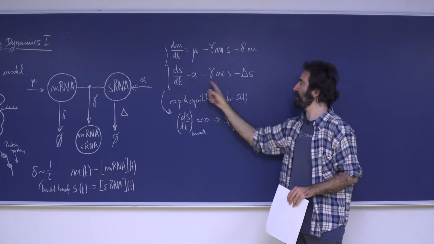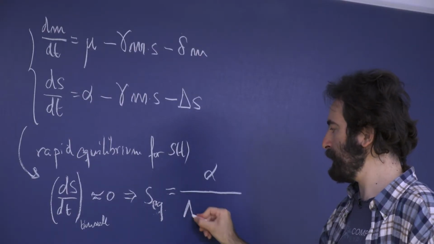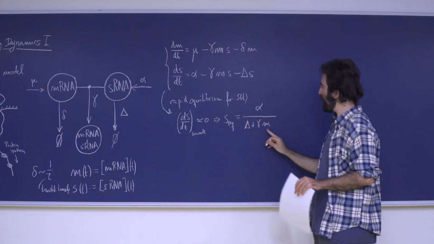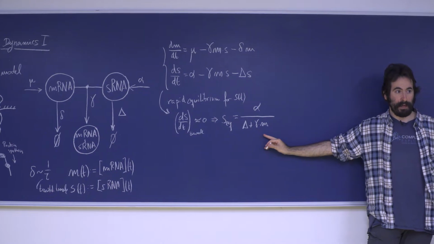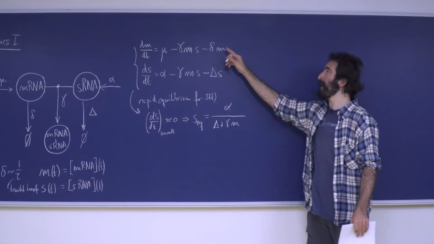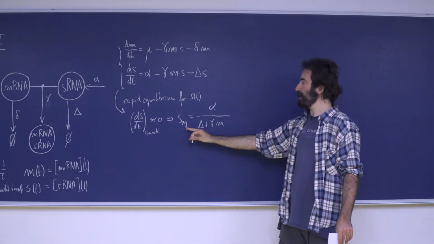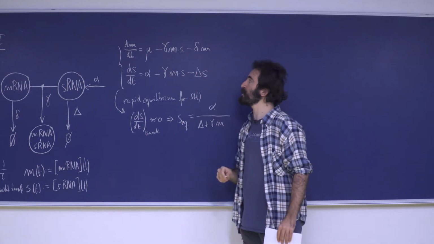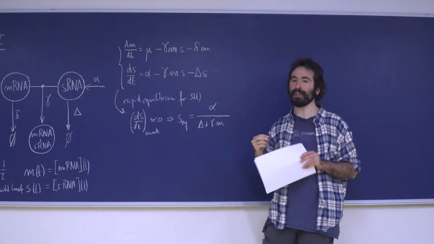Basically we set this equal to 0, which gives rise to this expression here. Great. Notice that we have the concentration of mRNA here as a variable. That will come and kick us back, right? Because as soon as I substitute the effective concentration of sRNA in the system over here in my first equation, then I'll see an M in the denominator, and I'll have to deal with that.